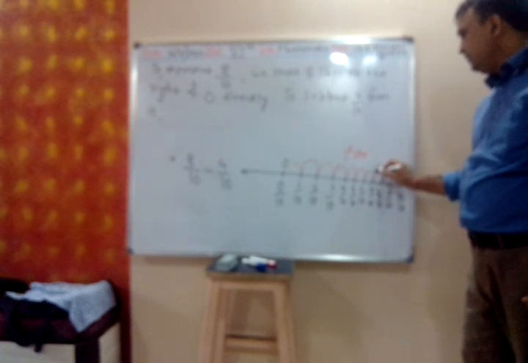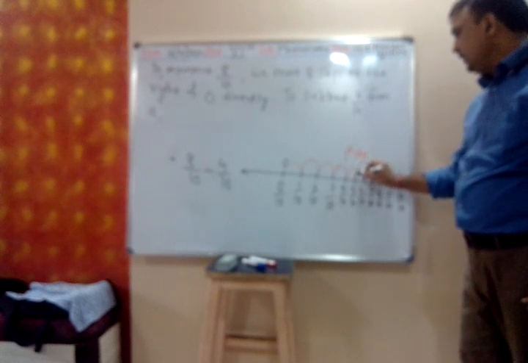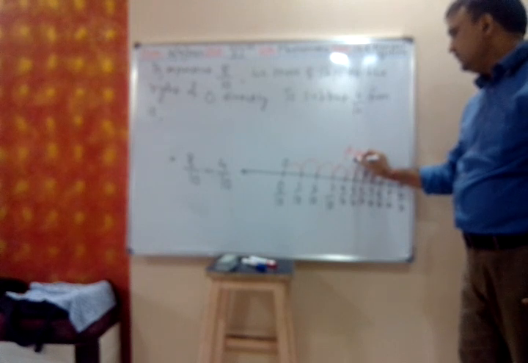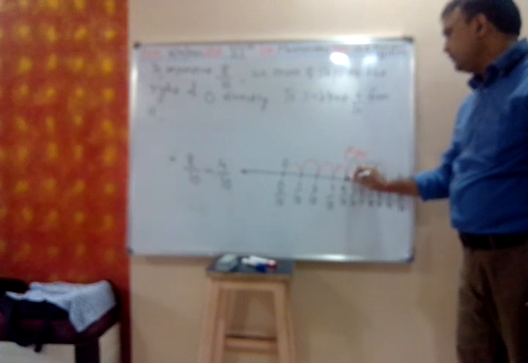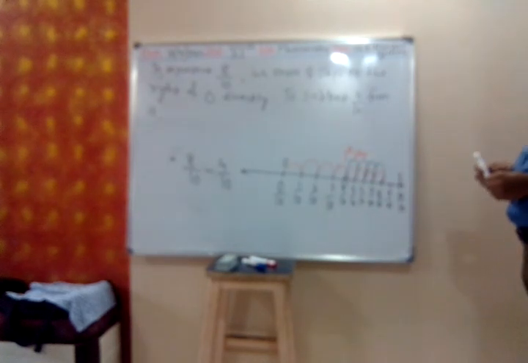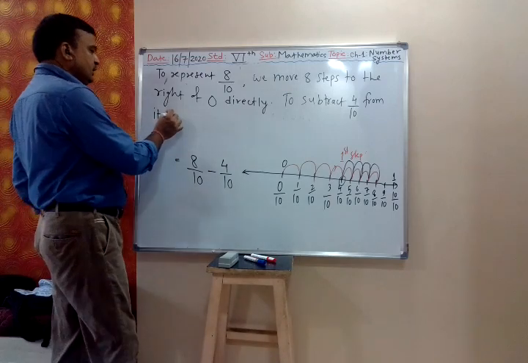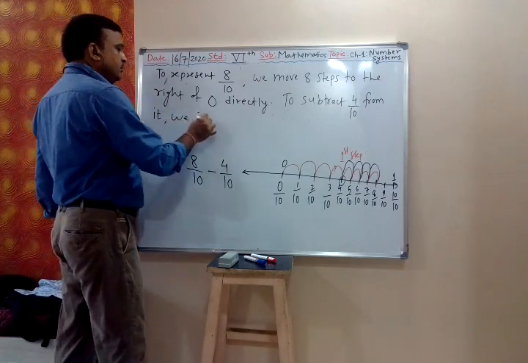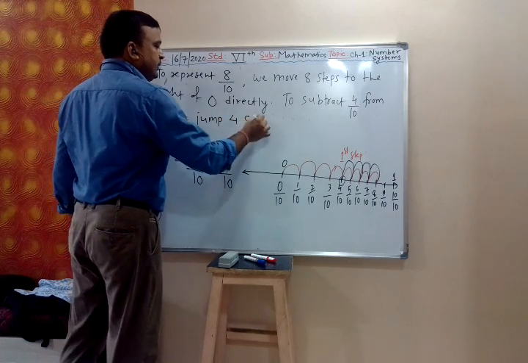This is 1 step, 2 step, 3 step, and this is the 4th step. So where do we reach? We reach 4 upon 10. Is it clear? To subtract 4 upon 10 from 8 upon 10, we jump 4 steps.